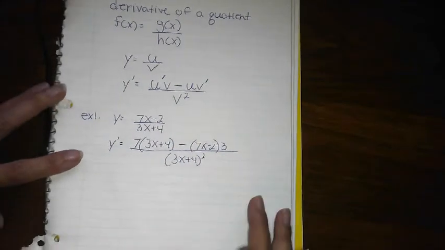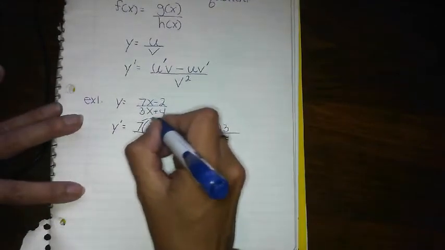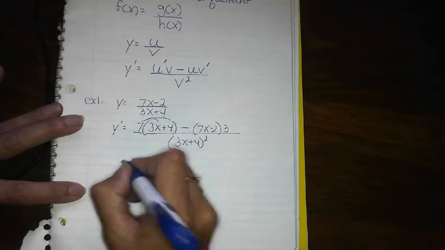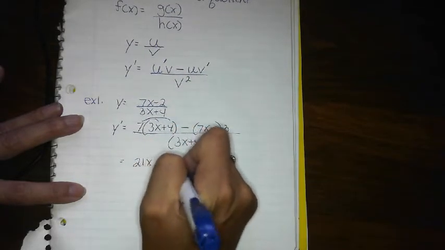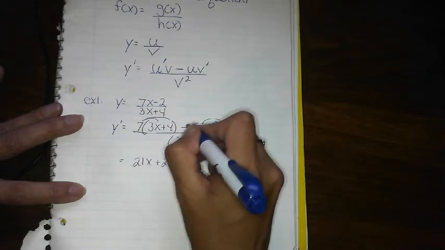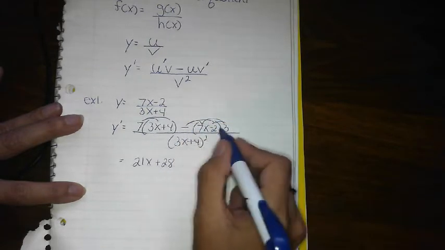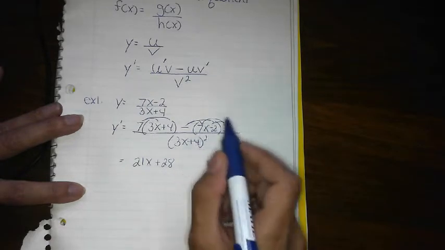Okay, calculus is over. We're just going to use algebra and simplify. So we're going to be distributing a 7. That'll give us 21x plus 28. Here I'm going to be distributing the 3 and the negative. So think of it as a negative 3 going in. So it'll give us a negative 21x.